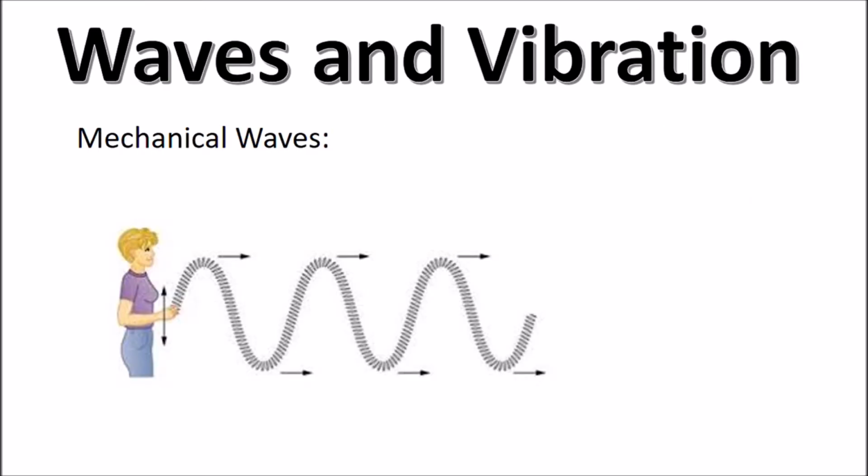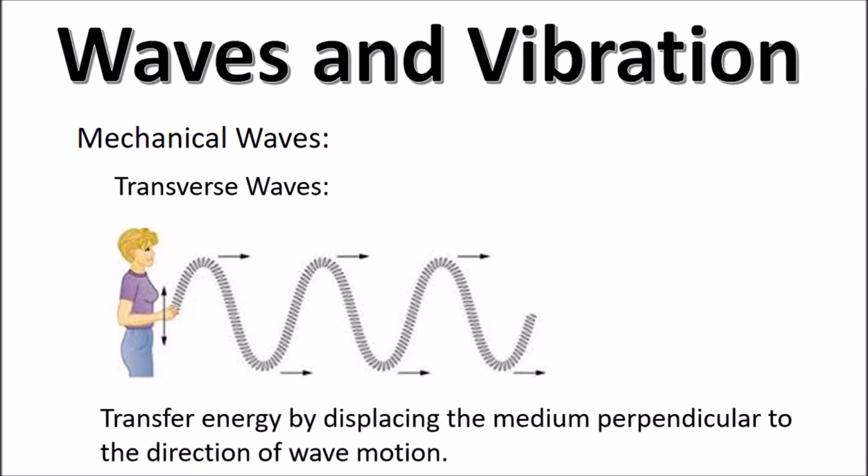So mechanical waves come in two flavors. The first mechanical wave that we want to look at is what we call a transverse wave. A transverse wave is a wave that transfers energy by displacing the medium perpendicular to the direction of the wave motion.